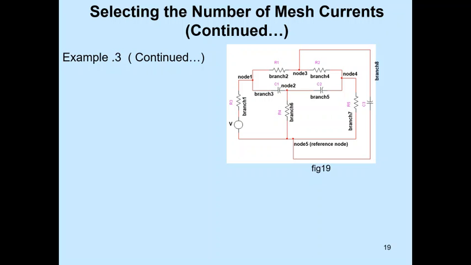So there are 5 nodes, 8 branches and the mesh equations are 8 minus 5 plus 1 is equal to 4. So for solving this type of problem, we need to write 4 mesh equations and from that we have to solve the mesh currents.